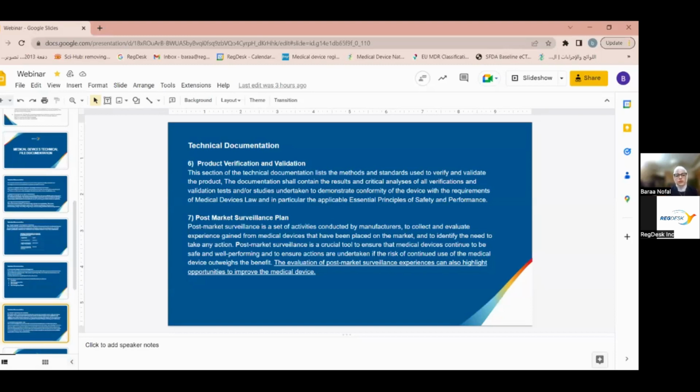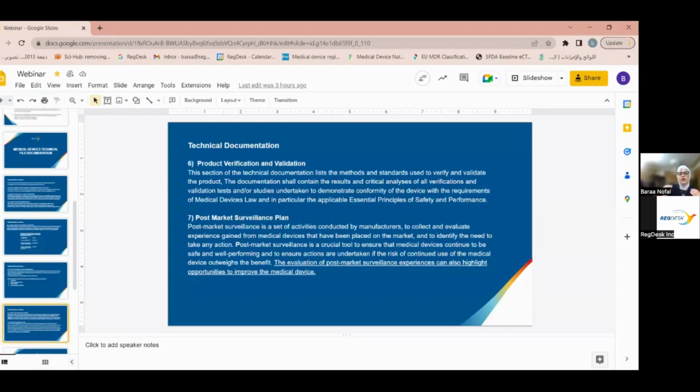The post-market surveillance plan is, I will say, the most important of what I described here, in that the evaluation of post-market surveillance experience can also highlight opportunities to improve the medical device. This is the purpose of this plan.